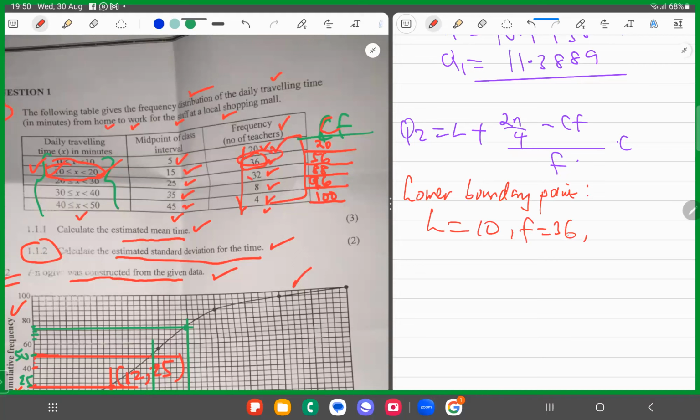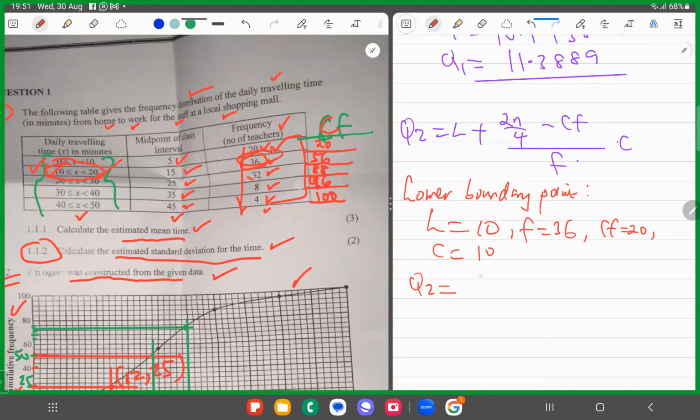And then the 50th value of the observation in the CF column, the preceding value is what? Is 20 in the cumulative frequency. And then the lower boundary point for the class from 10 to 20 is what? The lower is 10, the lower boundary point.